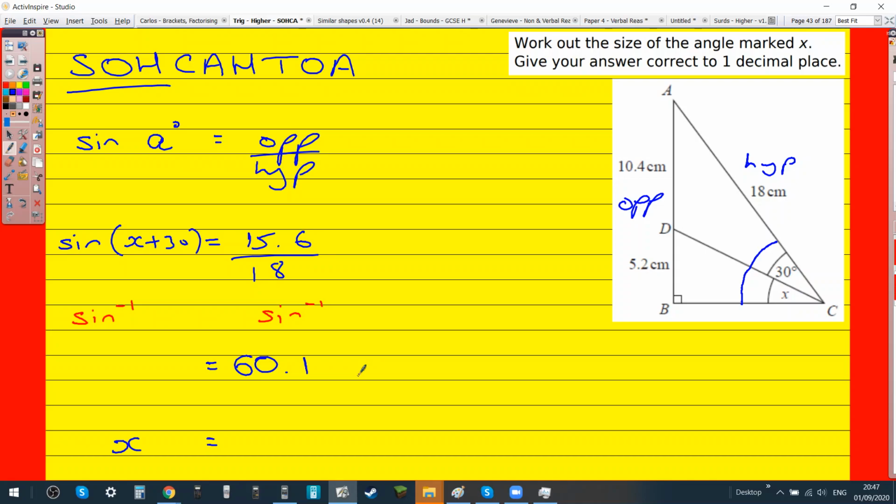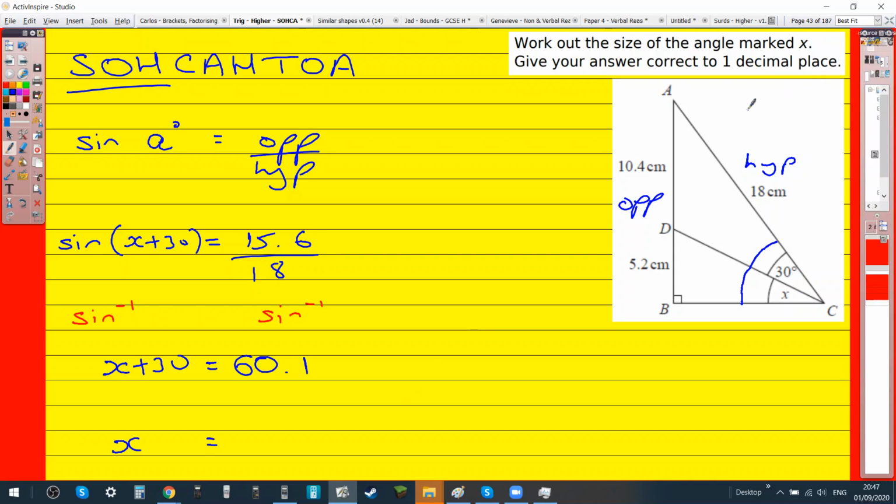I think I didn't write x equals arc sine. That's fine. X isn't 60 plus 1. X plus 30 is 60.1. So how do you get what x is? Oh.